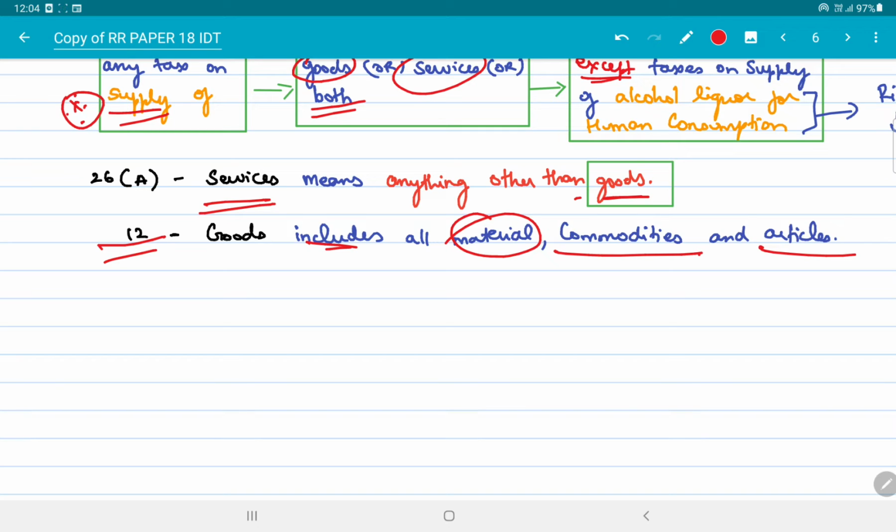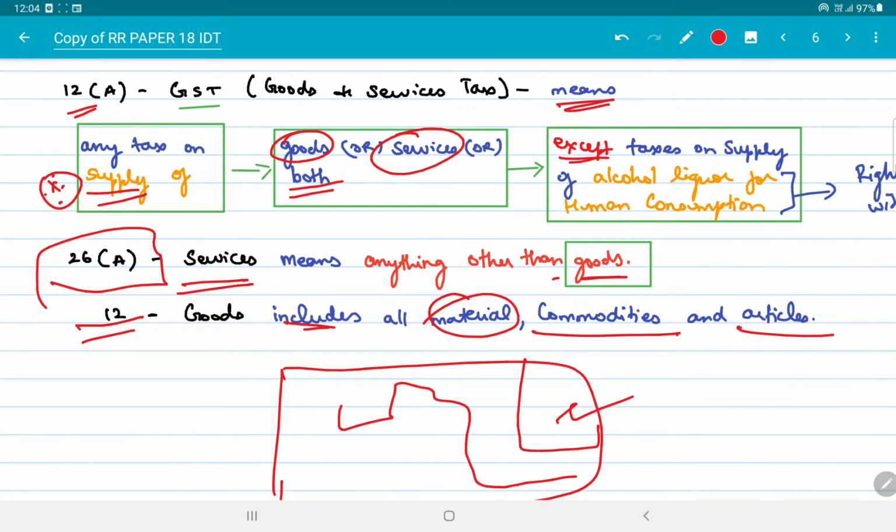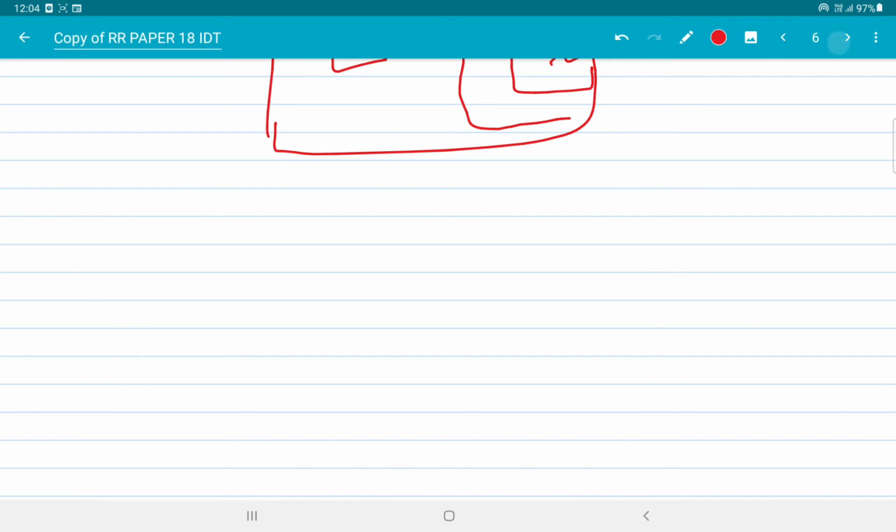So there is no logic at all in this definition. If this is goods, or you can say this portion is service, services means anything other than goods. So there is no proper clear definition here, but yes, we will try to cover. So 366(26A) says services means anything other than goods. Okay.